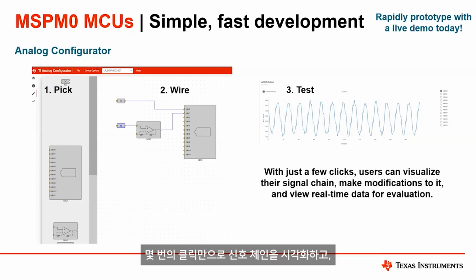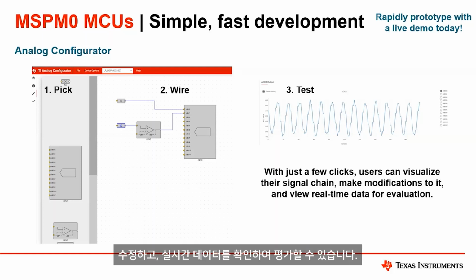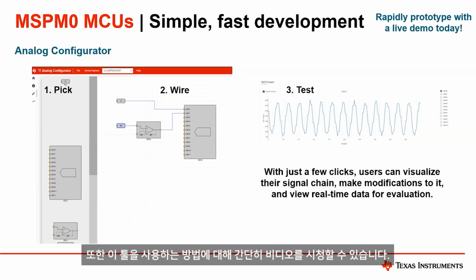With just a few clicks, you can visualize your signal chain, make modifications, and view real-time data for evaluation. I think this is a big benefit for those who are not as familiar with how to utilize these types of discrete components within an MCU. And again, we also have really quick videos on how to get started with this tool as well.